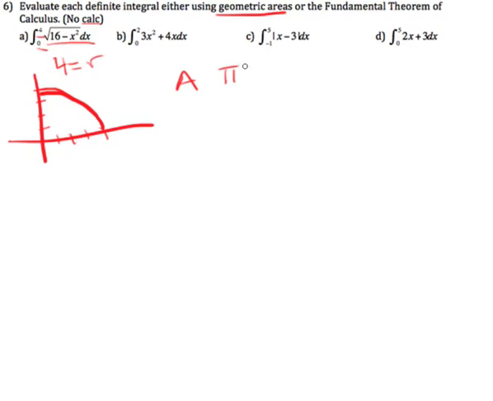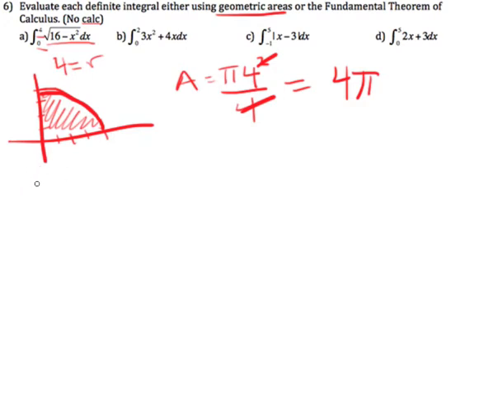Our radius is 4 squared, but if you look, it's really just a quarter of a circle, so we should divide everything by 4, which we're going to get some simplification there, and our area is going to be 4 pi. Cool.